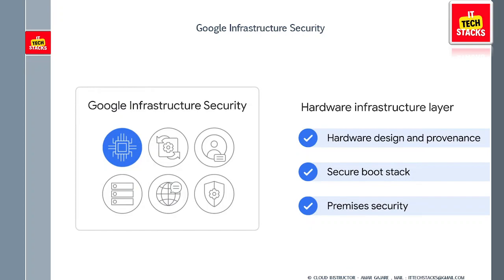So if you are using Google services, you are demanding some sort of hardware configuration in the backend, but you need not worry about the security of that hardware. Google has its own hardware design, secure bootstrap environment, and secure premises to keep those data centers safe.